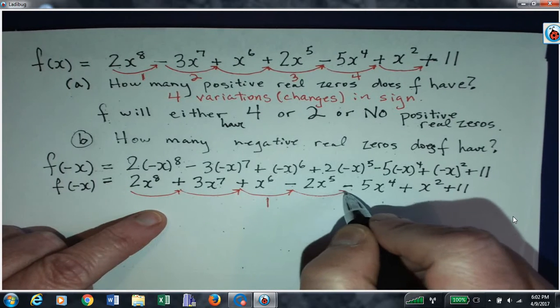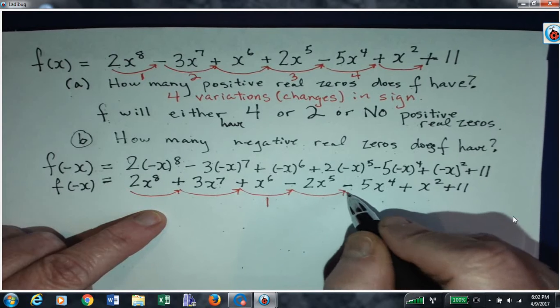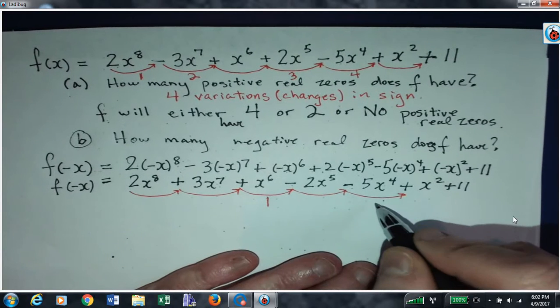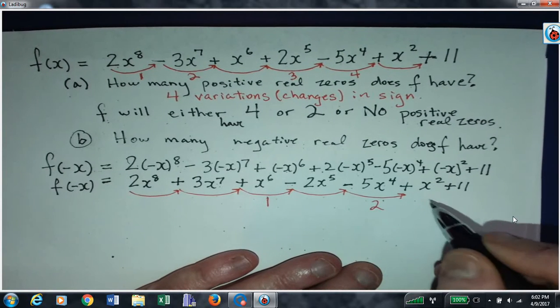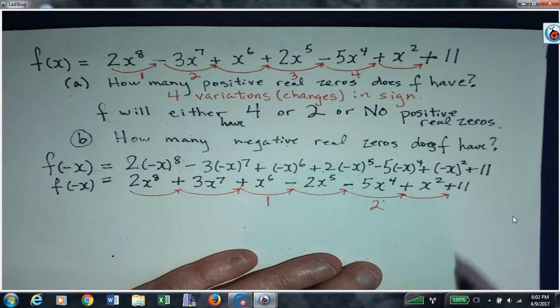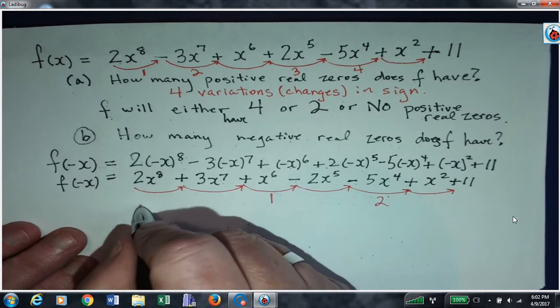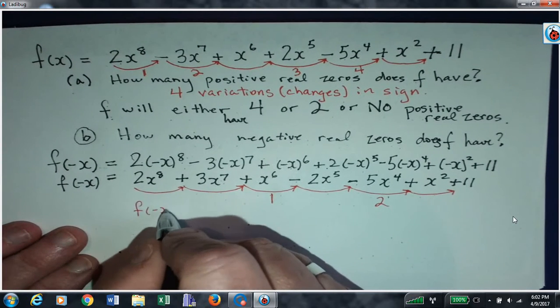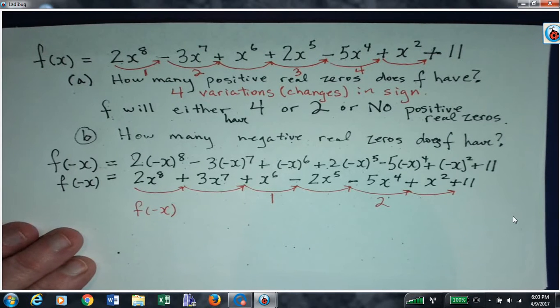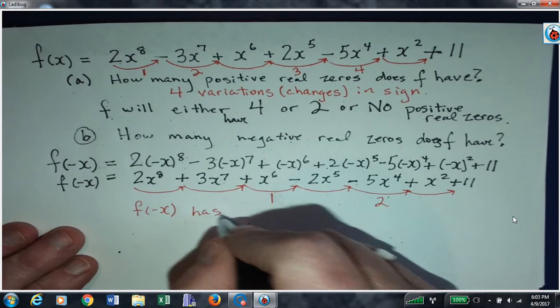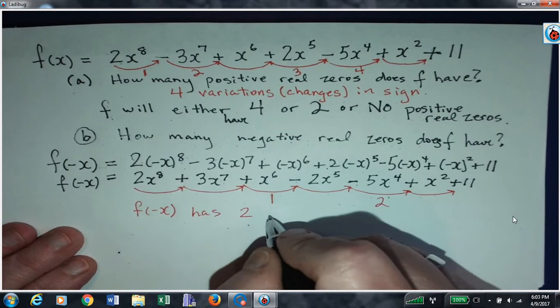Negative to negative, no change. Negative to positive, that is a change, and it's my second change. Positive to positive, no change. So, throughout this, the polynomial function f of negative x had two variations or changes in sign.